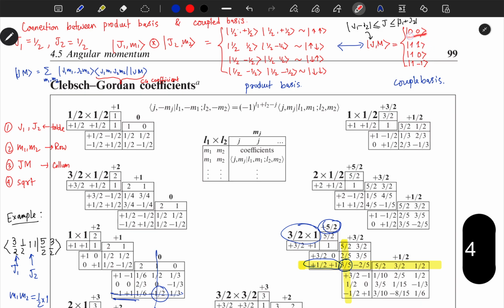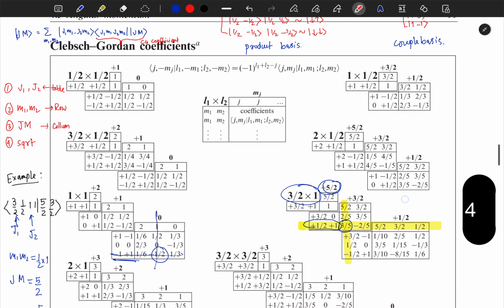For 0 we have m equal to 0, for 1 we have m values 0, minus 1 and plus 1. So these three plus one, total 4 states are there. So we will represent this coupled basis in terms of this product basis with some coefficients, and these coefficients are called Clebsch-Gordan coefficients or CG coefficients.